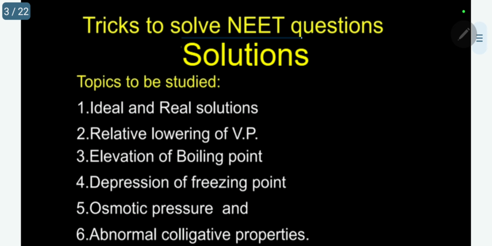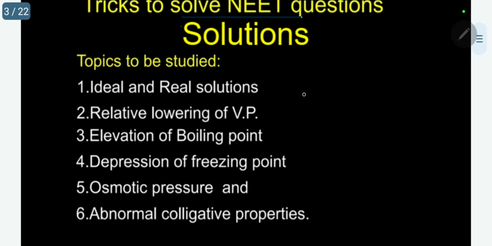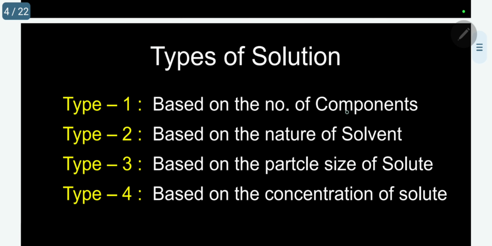So under solutions, we have to study different types of solution. In addition, we must study ideal and real solutions, relative lowering of vapor pressure, elevation of boiling point, depression of freezing point, osmotic pressure, and abnormal colligative properties.